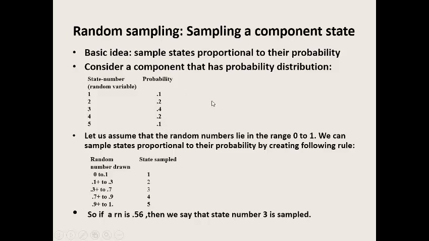So if we want to sample the states of this component proportional to their probabilities, then one thing we can do is set the following rule: if the random number falls between 0 and 0.1, then state 1 would be sampled, because this corresponds to the probability 0.1.